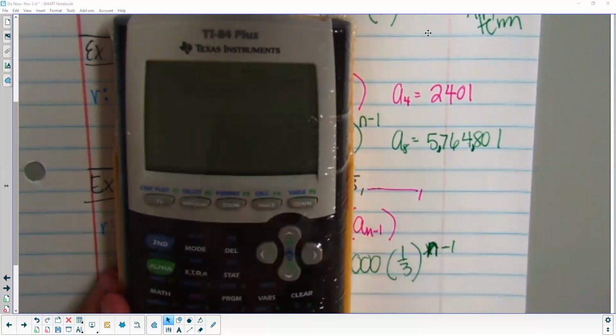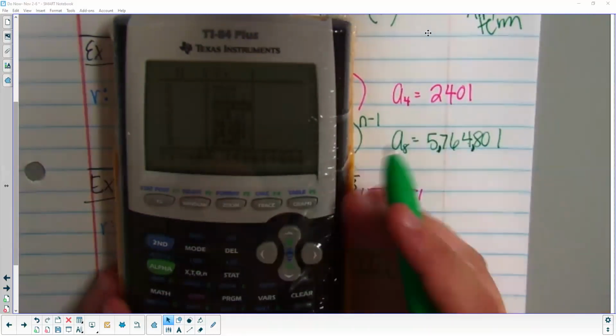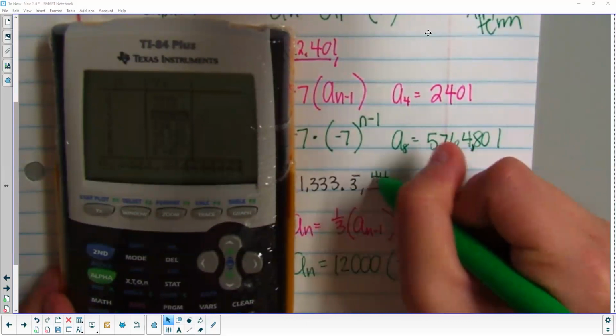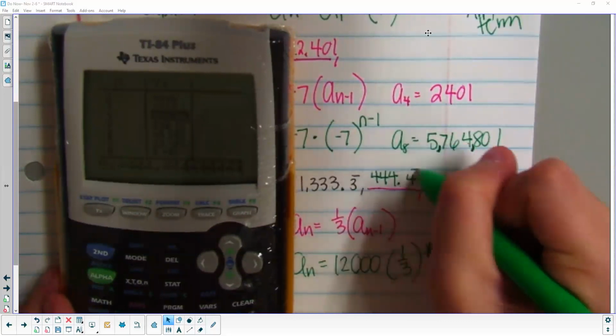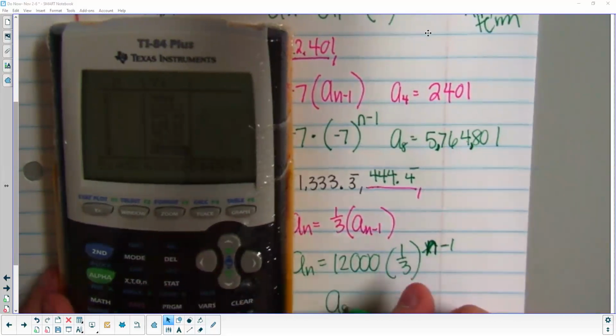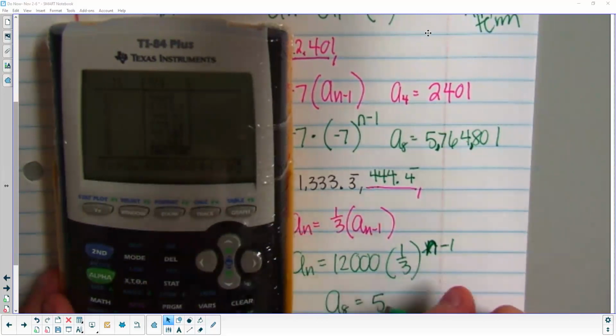Go to your table, and if you notice, it has that repeating decimal, which means that my fourth term is going to be 444.4 repeating. So if I wanted to find my eighth term, a sub 8, it's 5.49, just about, if we round it to the nearest hundredth.